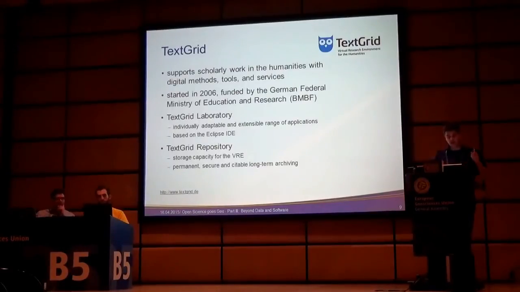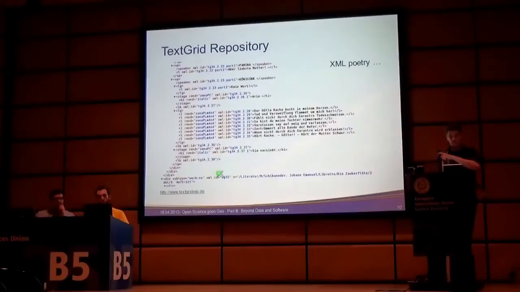Okay, coming back to open science. What you get from the open science point of view is this TextGrid Repository where you have humanities research data, basically text, or in this case, because we're in Vienna, I put the Magic Flute, Zauberflöte, as a big XML file, or poems, or basically text files, which you can then use to do your humanities studies, or maybe you want to do something else with it.